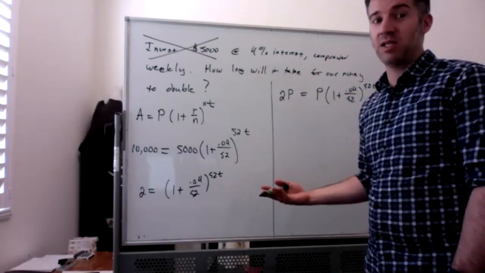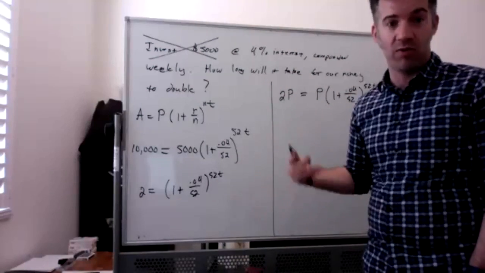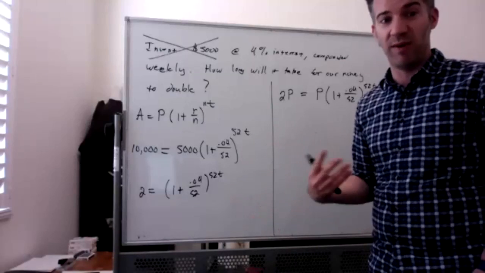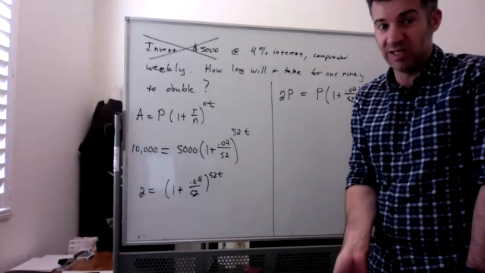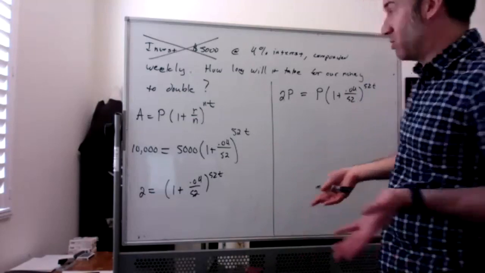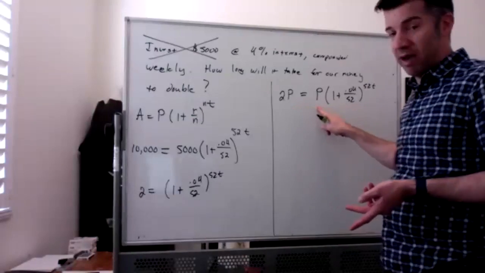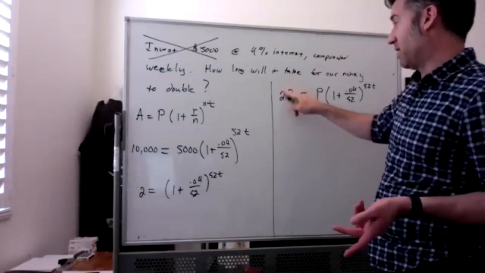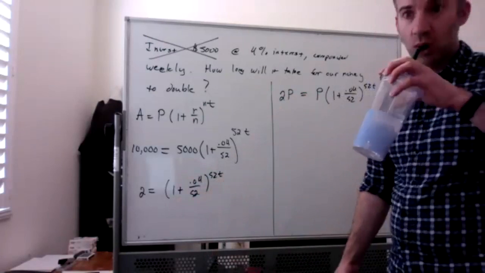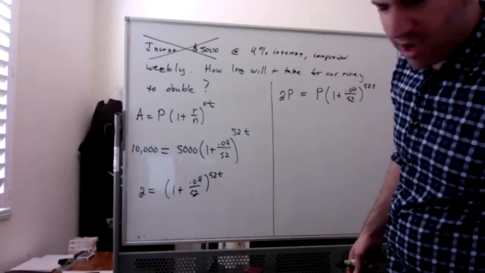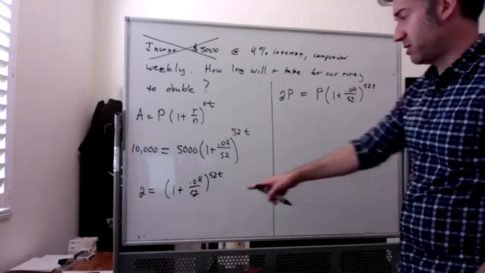So if someone's asking you how long it takes to double or triple or multiply whatever you have by some amount, you don't actually have to know how much you started with. You can just make it whatever number you want, because whenever you do this first step of dividing both sides by the initial amount, you're always going to end up with the multiplying factor over there. So either way, we're trying to solve this.